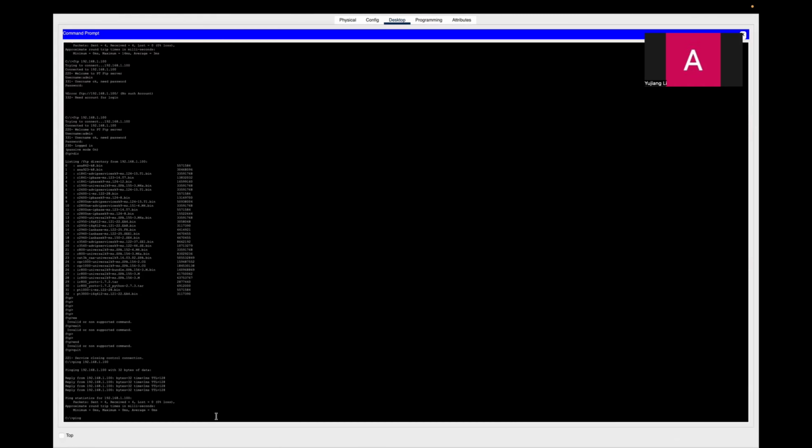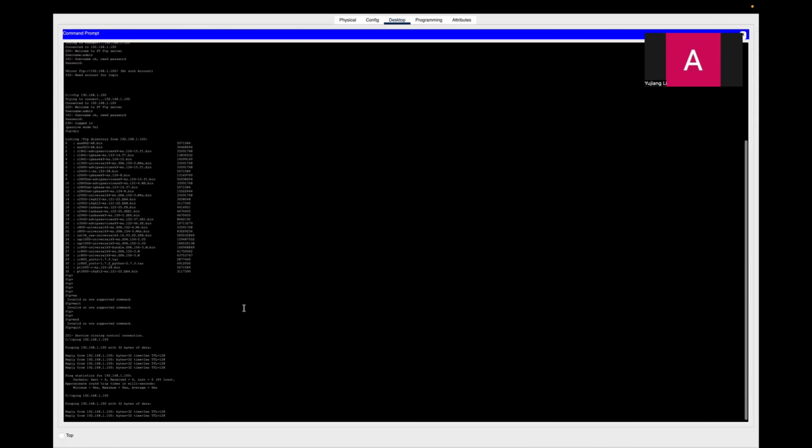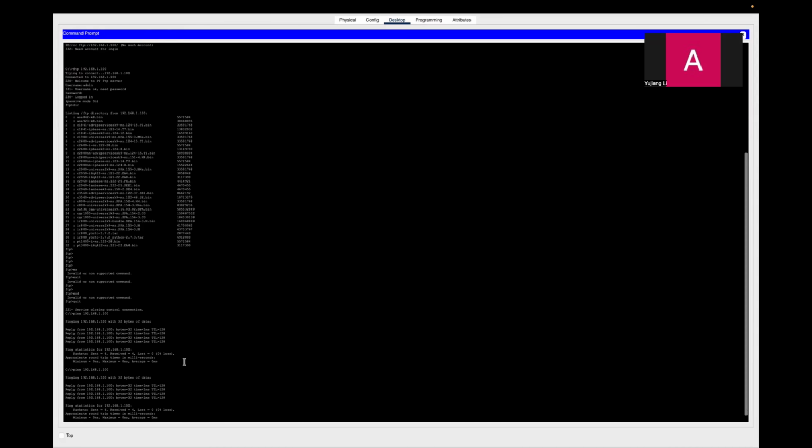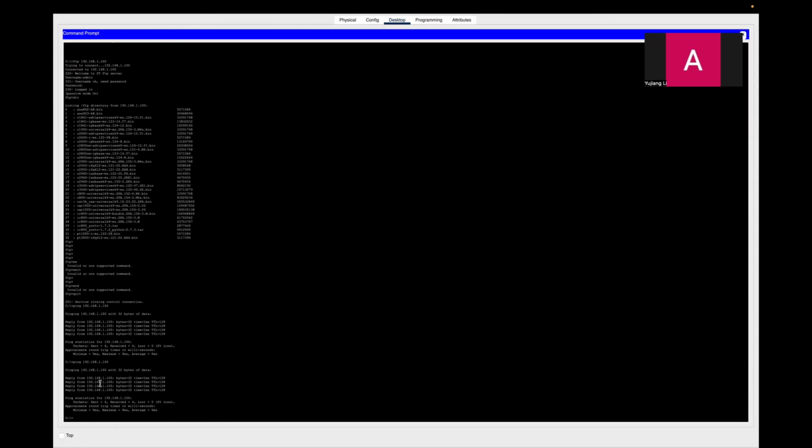If we ping, we can see that the connection between the attacker's PC and the servers is successful.